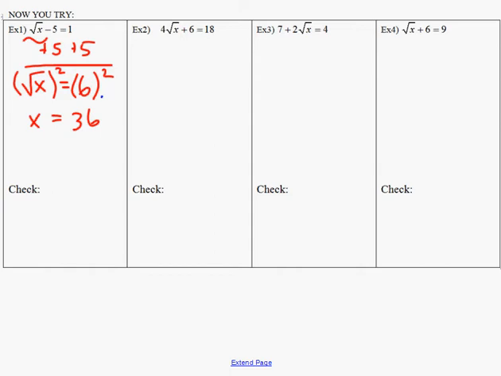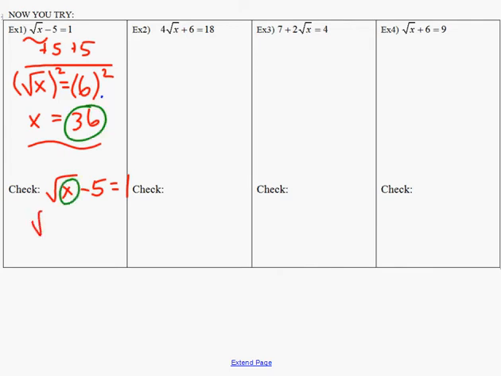The last step to solving radical equations is checking your answer. You always must do this because radical equations are special, and sometimes you come up with answers that aren't actually true. They're called extraneous roots. So to check if x equals 36 is an actual solution, we're going to rewrite the equation we originally had, and we're going to substitute x equals 36 directly in for where we see x.